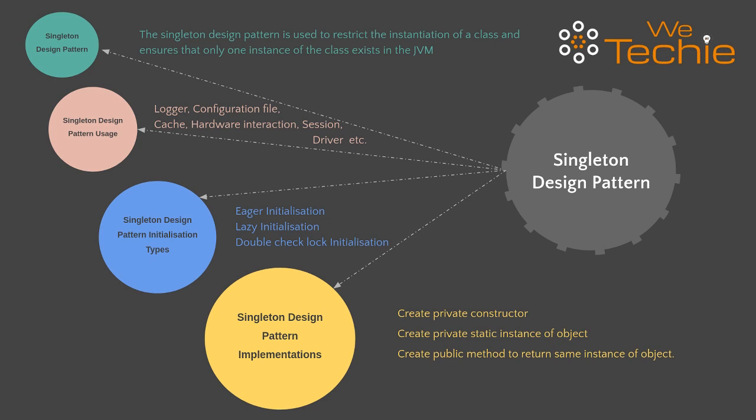It won't read the same configuration file again and again. It reads only once, creates the object, adds the configuration data into the in-memory object, and from there onwards it keeps reading the same data from the in-memory object.